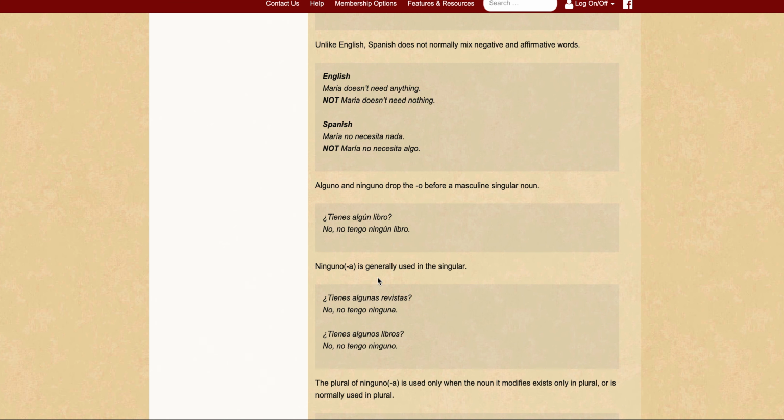So in English you can mix negative and affirmative words, whereas in Spanish it has to be all negative, right? You cannot mix negative and affirmative words. So, Maria doesn't need anything. It's in English, and you can notice that doesn't is negative, anything is positive.